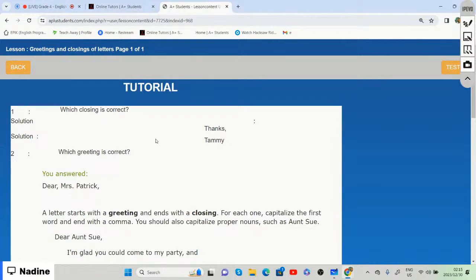If you see somebody, you greet. The same with letters. A letter starts with a greeting and it ends with a closing also. And we need to capitalize the first word and end with a comma.